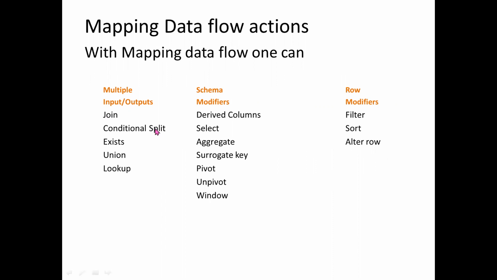For example, department 10 should be in one extract and department 20 in another. How do you do that? And exists, union, lookup. Based on the input or output, we can use these actions.